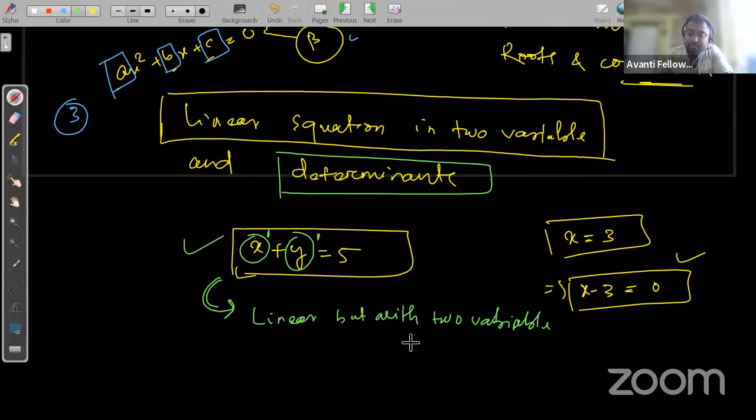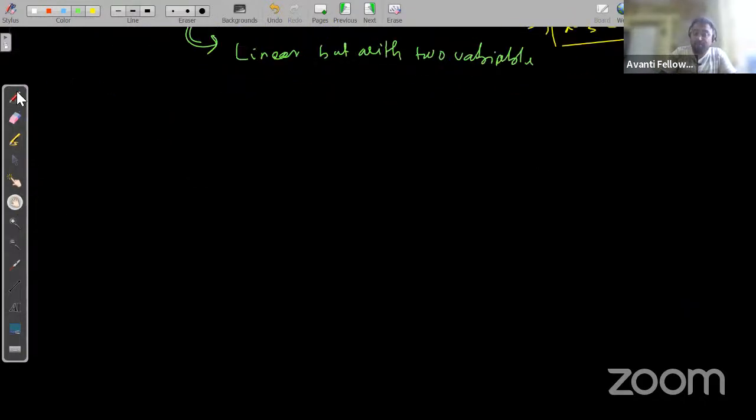So we'll learn here how to find the determinant and how to solve linear equations in two variables by using the determinant method. Is that clear? This is the third lecture. The first topic has been divided into many subtopics, so these are the three topics we cover in the next three classes.